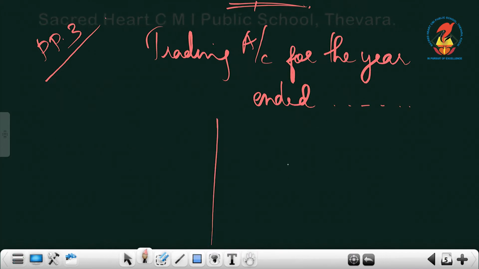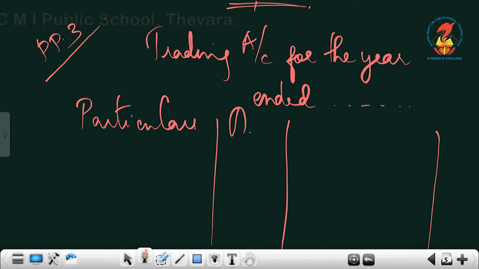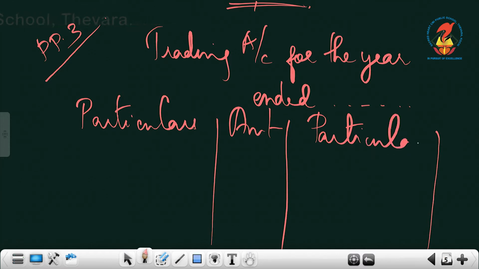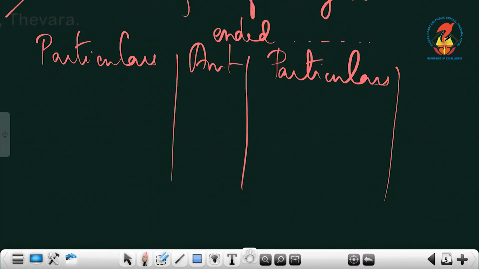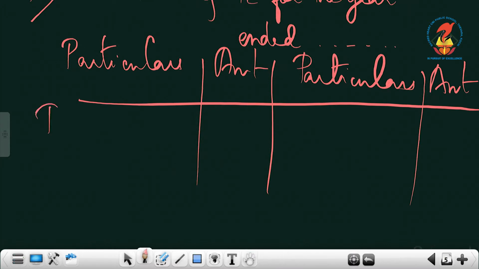Now the format is 4 columns. Particulars column should be the beginning, particulars, amount, particulars, amount. The first item we know what is to be written.